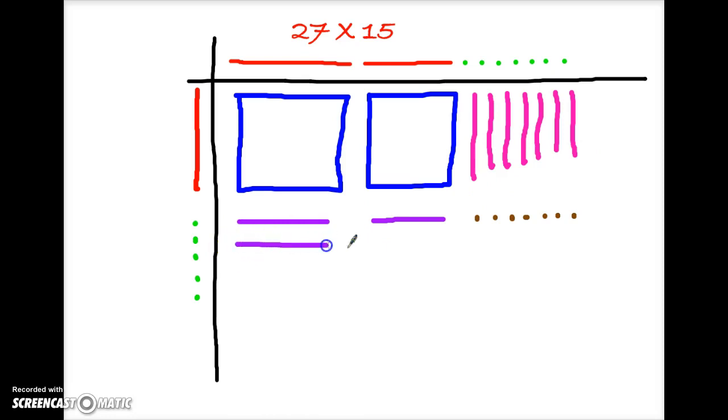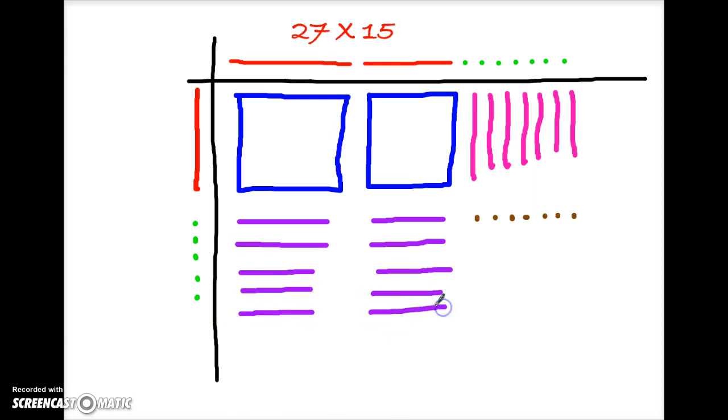So my rods are all going to be purple. 2, 3, 4, 5. And then 1 times 7, we need to repeat that 6 more times. 1, 2, 3, 4, 5, 6, 7, and so on for each repetition.